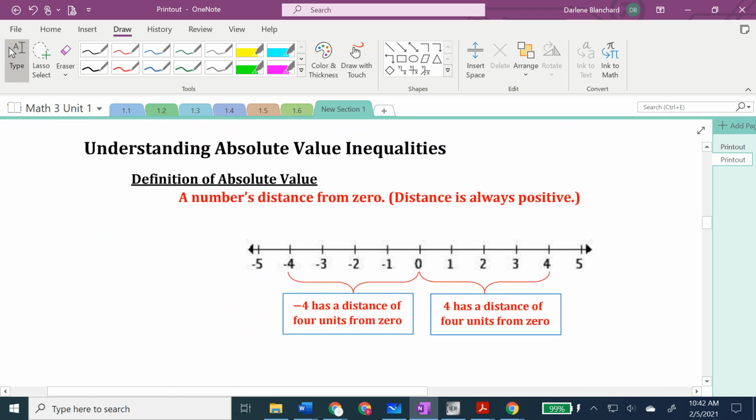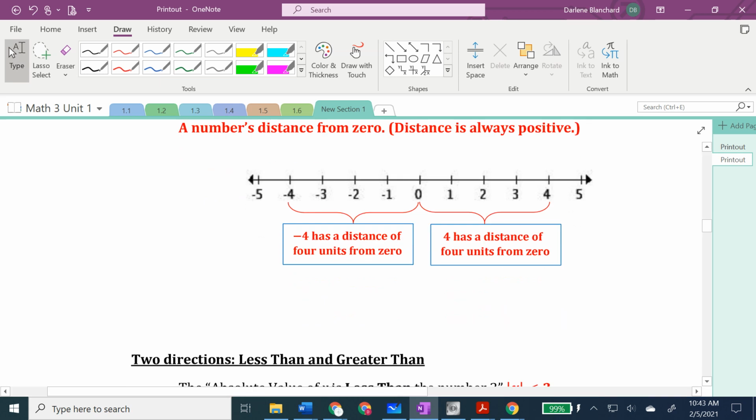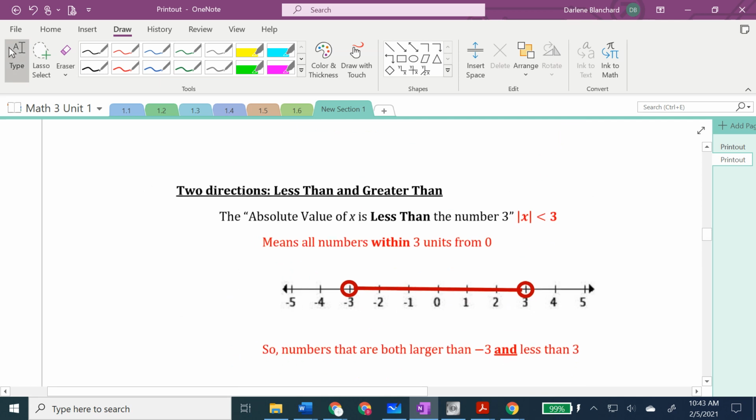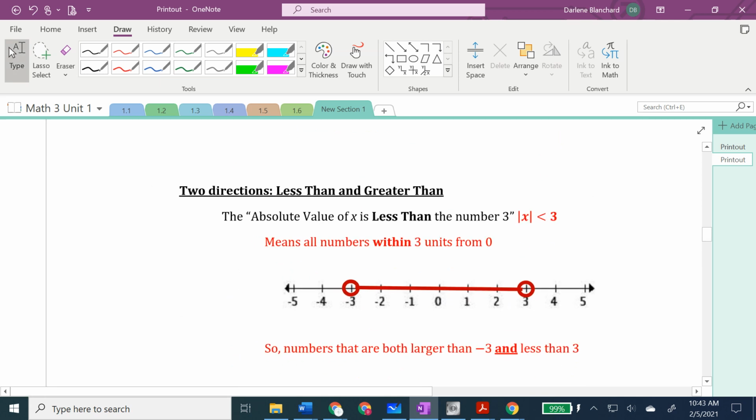know that the actual definition of absolute value is a number's distance from 0. And with the word distance, distance is always positive. Now, with this next bit, I want to help you understand the two situations.